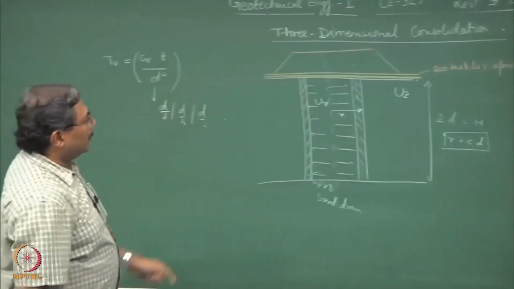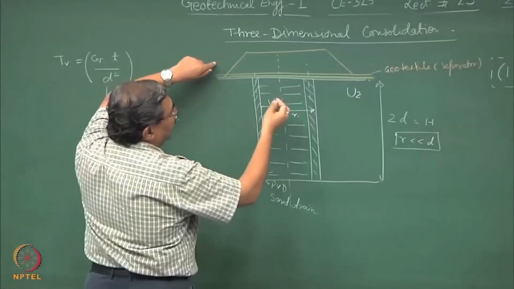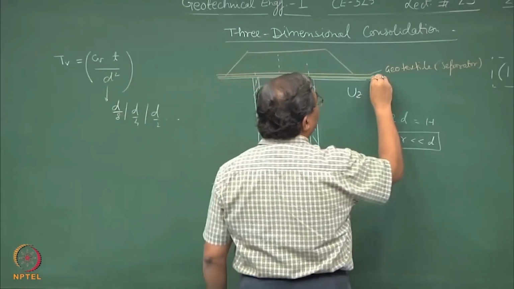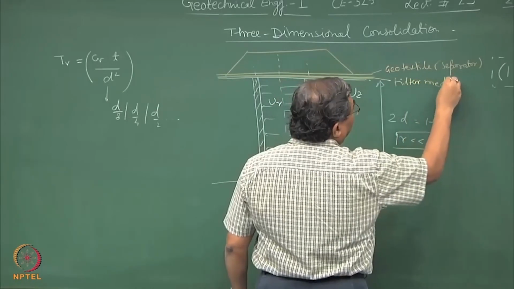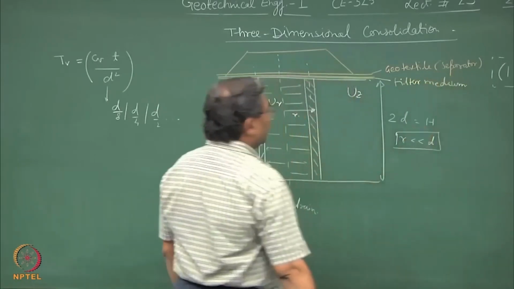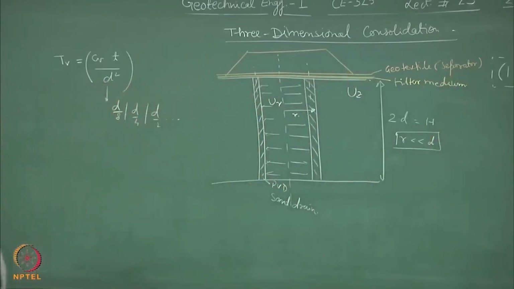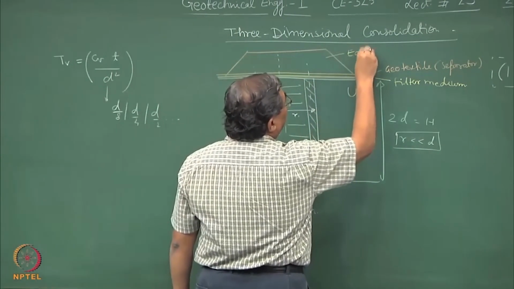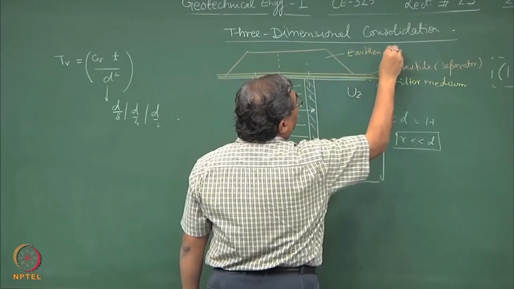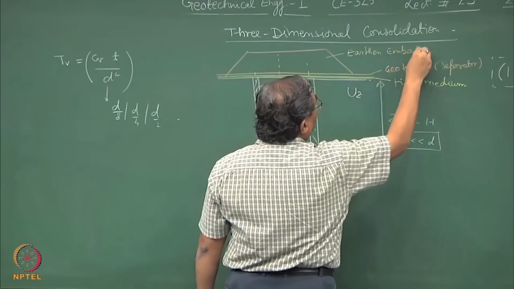So, having installed this and laying the layer of the filter media, normally granular material, sands or dust of the stones, crushed dust, and this is the earthen embankment. Clear?